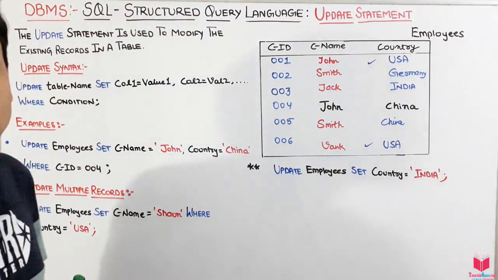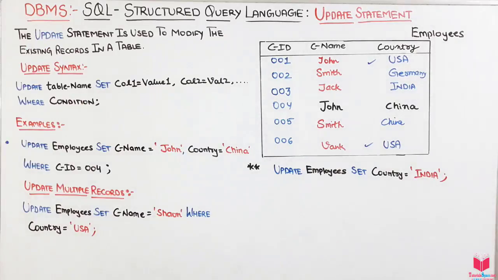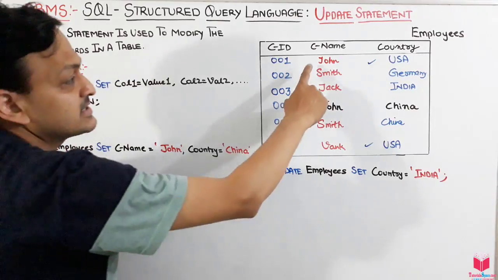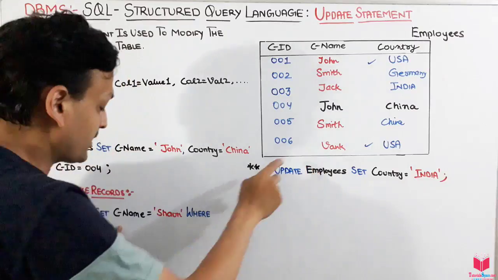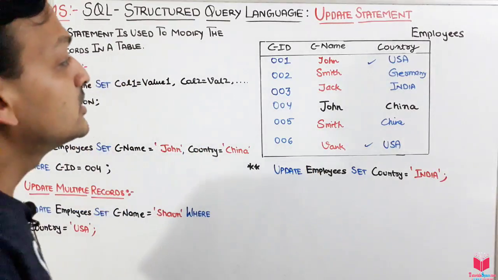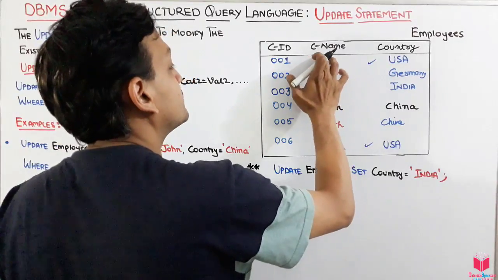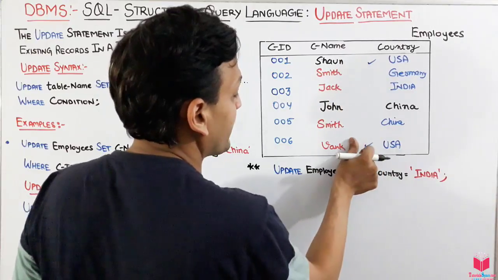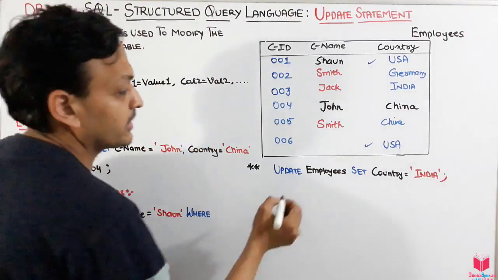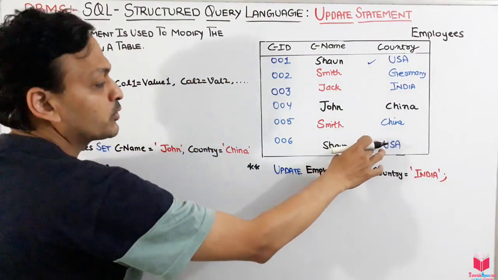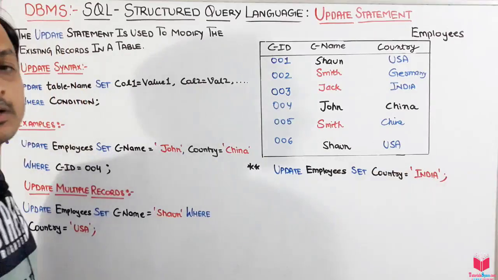It finds two rows with the same value. Then it moves backward and finds CNAME. Here CNAME is John, here CNAME is Vank. So it will update these values with Sean. John will be replaced with Sean, and here Vank is replaced with Sean again. So this is the final output, the updated table.